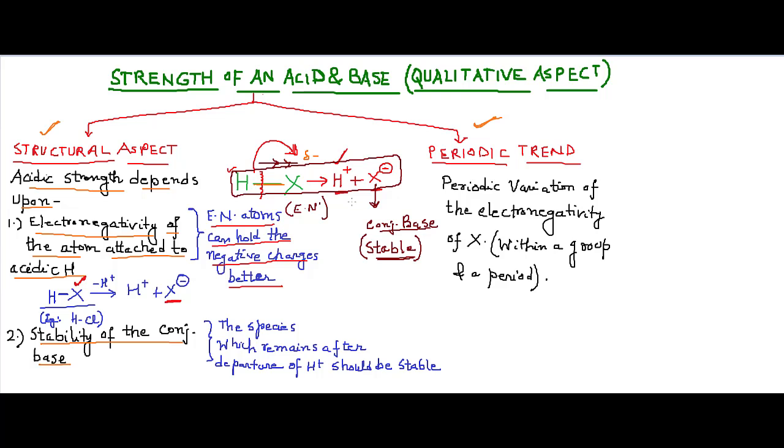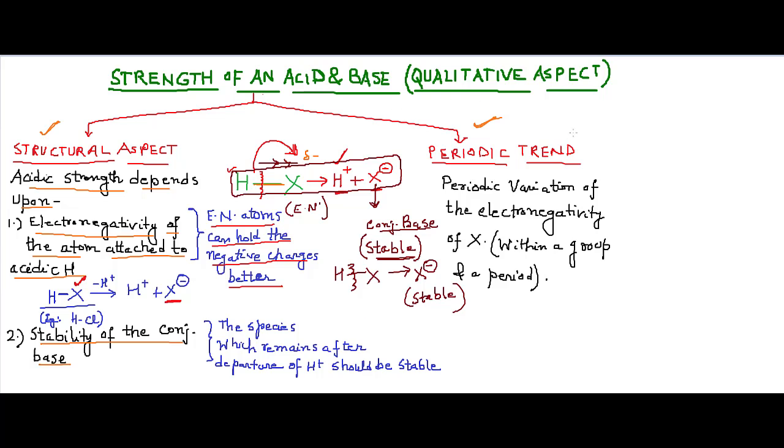Until and unless X minus is stable, there is no tendency of an acid to give up its protons, or in other words, to break the HX bond. The HX bond will be broken only when the resulting X minus is stable. Okay, so this is the second factor.